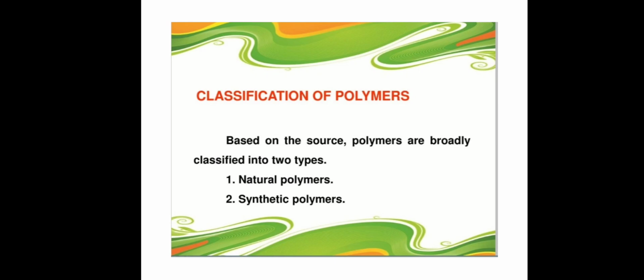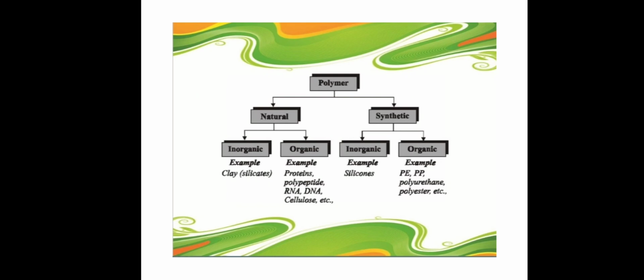Classification of polymers based on source. It is classified into two types: one is natural polymer, another one is synthetic polymer. The natural polymer is further subdivided into two types: one is inorganic, another one is organic.